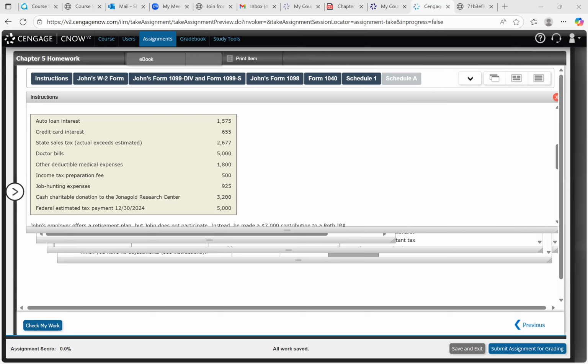Okay. Now, for now, we are not allowed to take income tax prep or any employee expenses. And so that would be the limit of his itemized deductions of 17,147. And that's going to flow back to his itemized deductions here, itemized deductions of 17,147.